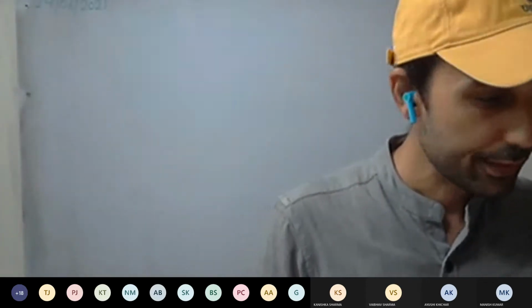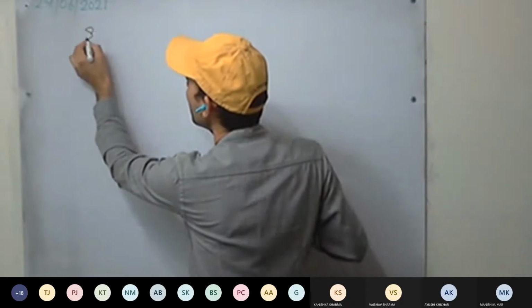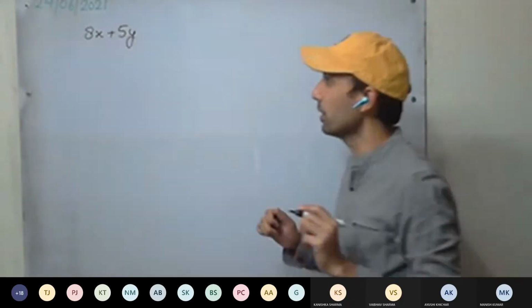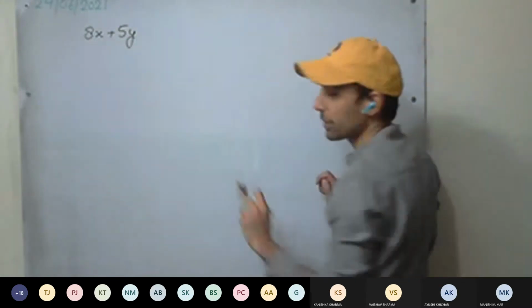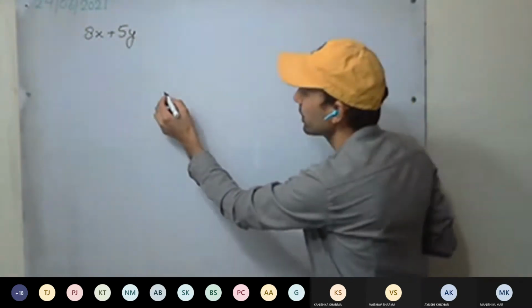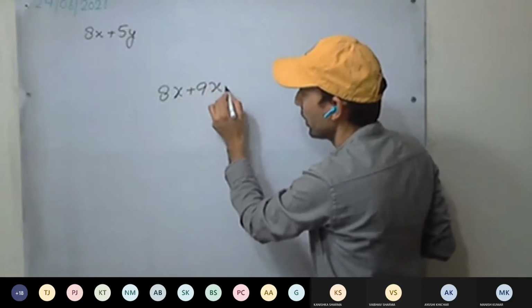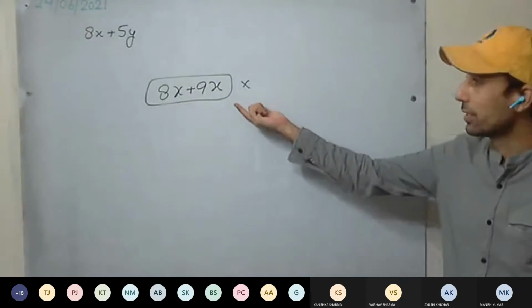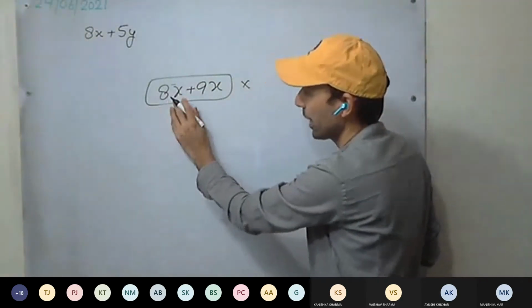So first equation, 8x plus 5y. There is one more thing I have to tell. When you are writing constants and variables, how are you going to write? This is the wrong way to represent. See here, 8x, they should not be of the same height.